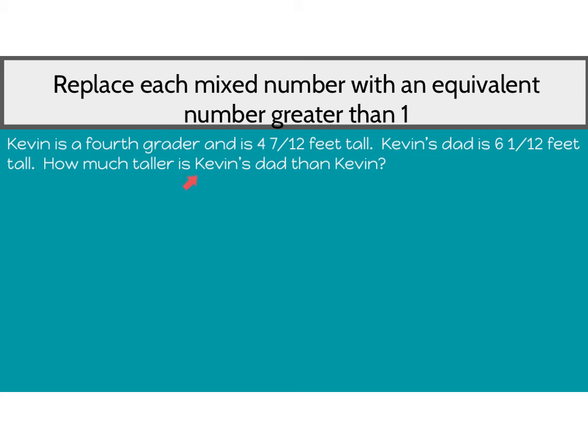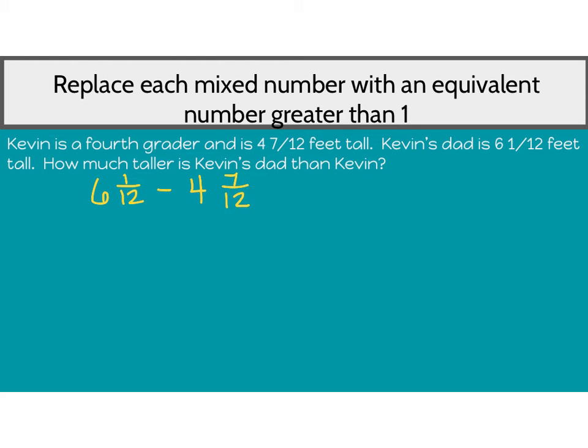And how much taller is Kevin's dad than Kevin? So we're going to set the problem up as 6 1/12 minus 4 7/12.